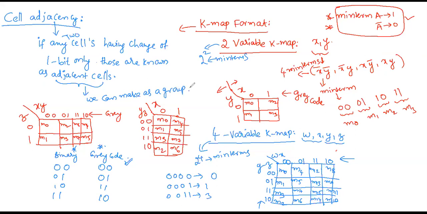Okay, this is the adjacent cell definition. If any two cells having change of one bit only, those are known as adjacent cells. Now we will see.